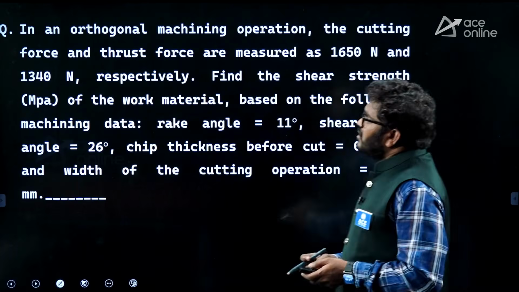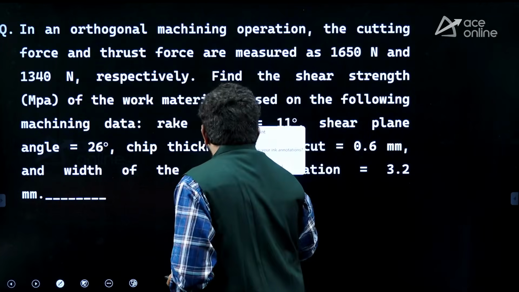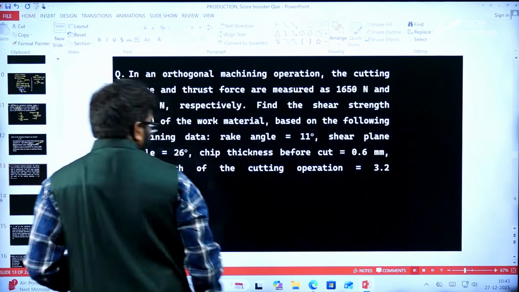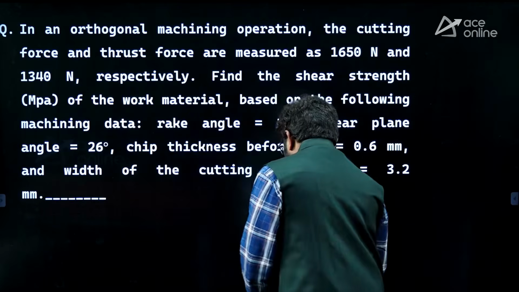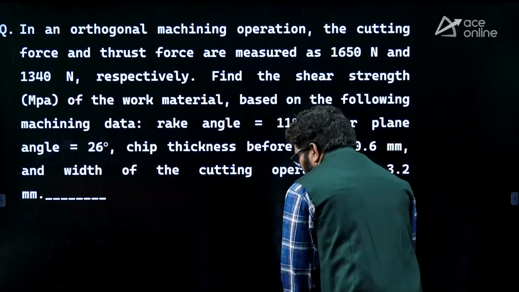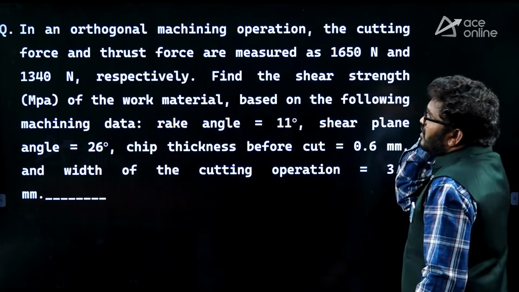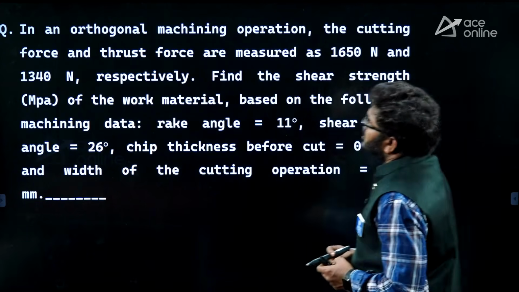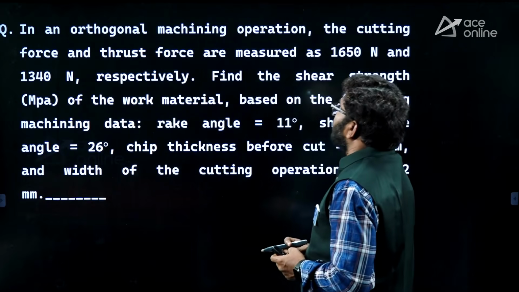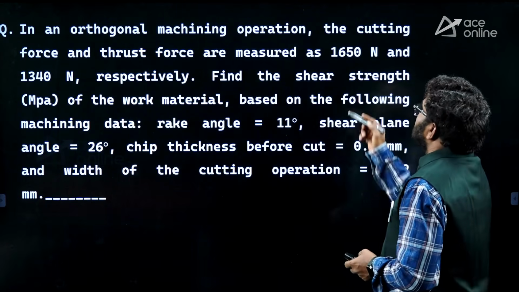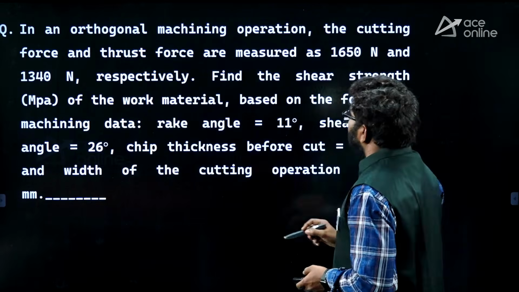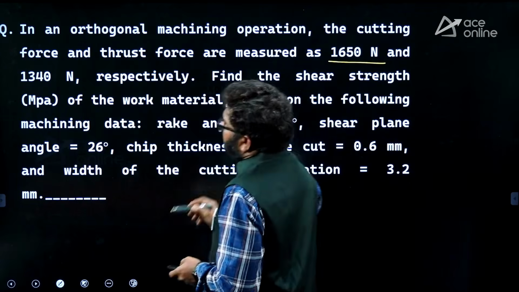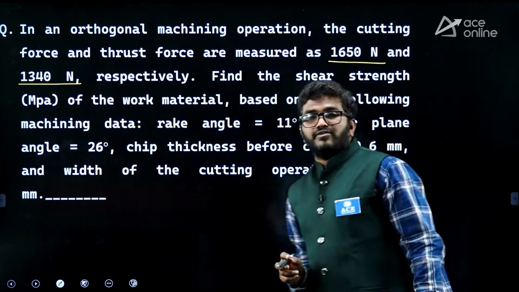I will take one slide of space here. Let us consider an orthogonal machining operation. The cutting force and thrust force are measured as 1650 Newton and 1340 Newton respectively.